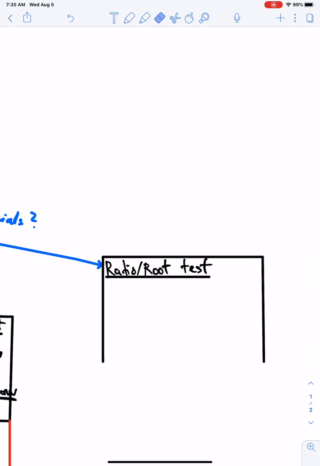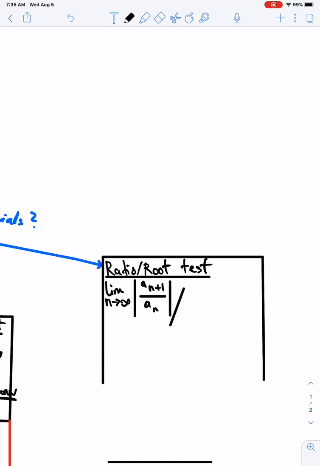Might need to make this a little bit bigger. Alright, so it's pretty standard. Asking the limit as n approaching infinity of the absolute value of a_(n+1) over a_n.